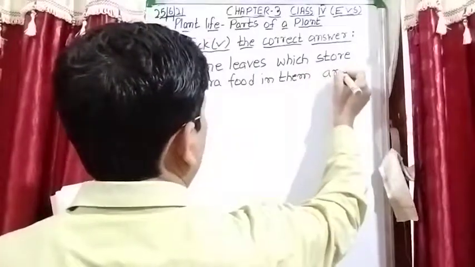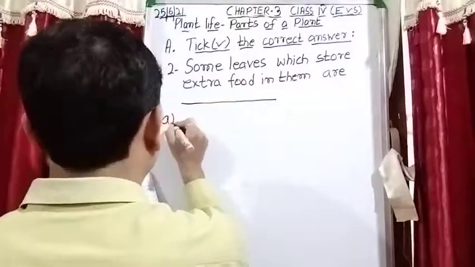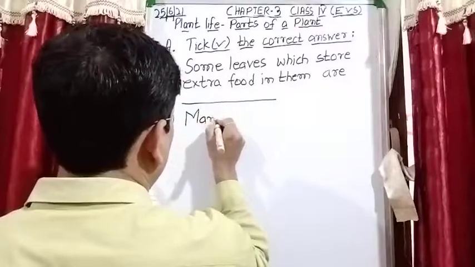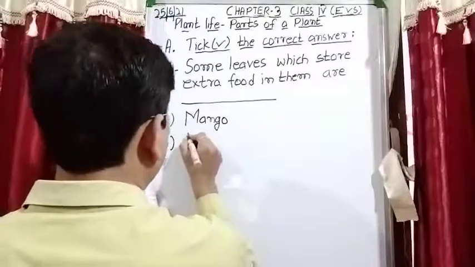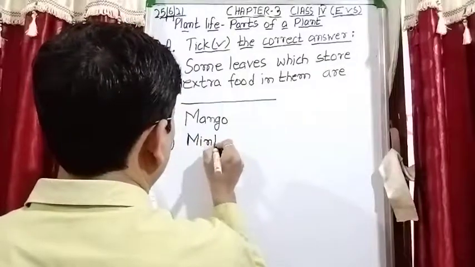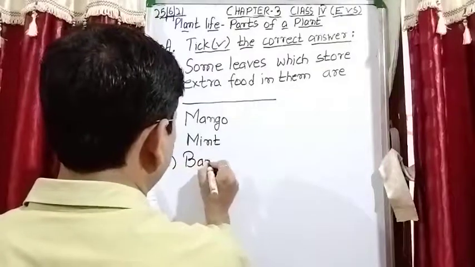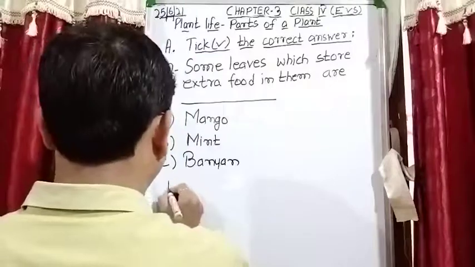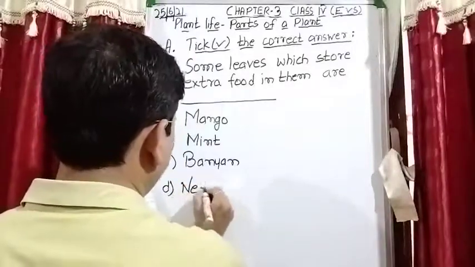The options are: option A, mango; B, mint; C, banyan; and D, neem.